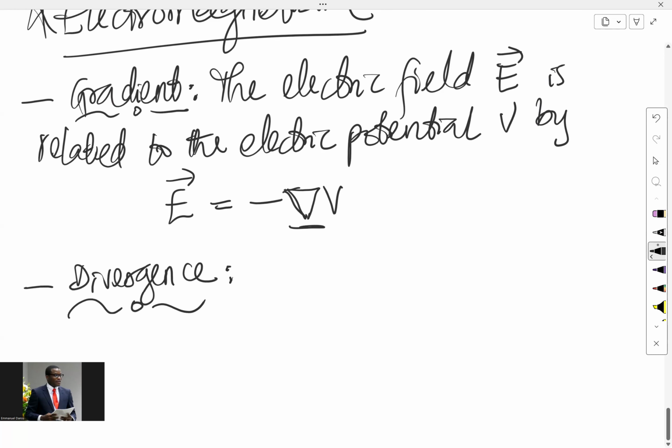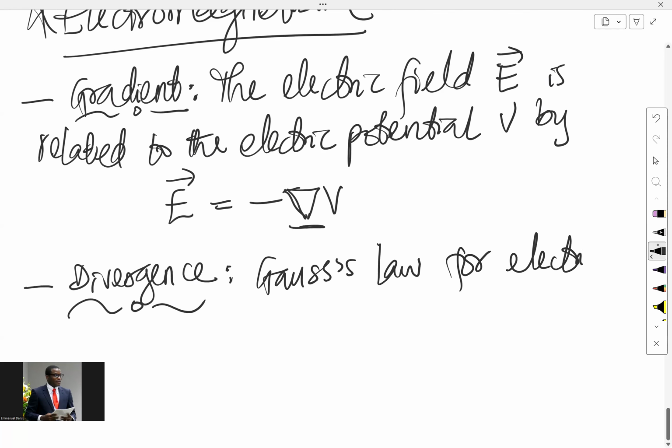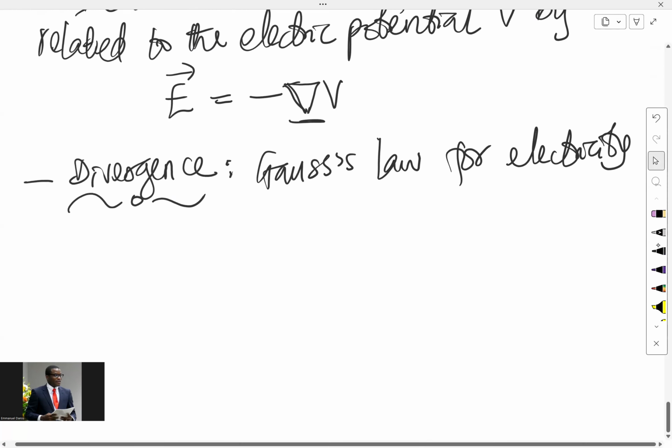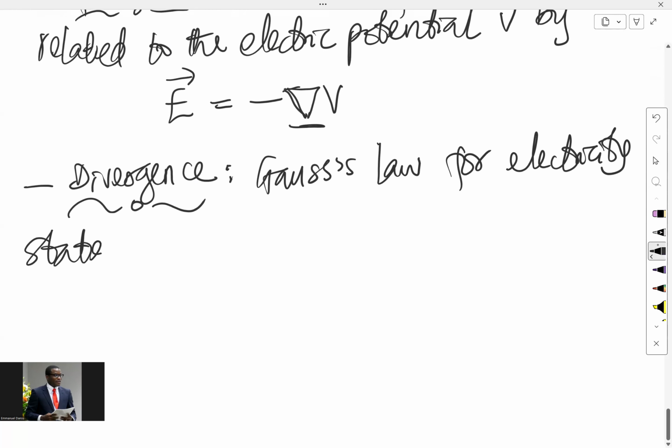So talking about divergence now, Gauss's law for electricity states that del dot E, the electric field, is actually rho divided by epsilon naught.